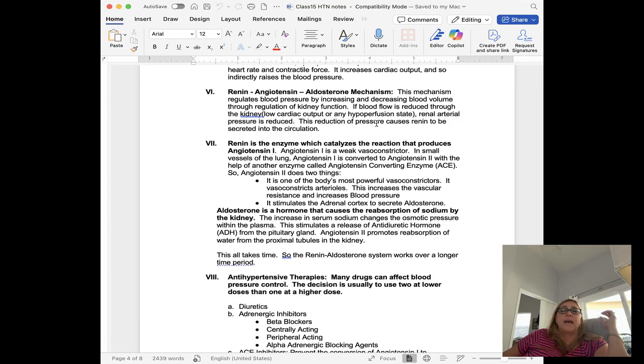The other thing that can do that, not just low cardiac output, but in some patients, they develop a renal artery stenosis. So just like you get coronary artery stenosis, you could get it in the renal arteries. And if that happens, the kidney is going to detect low perfusion. So they may have this high blood pressure with a renal artery stenosis.